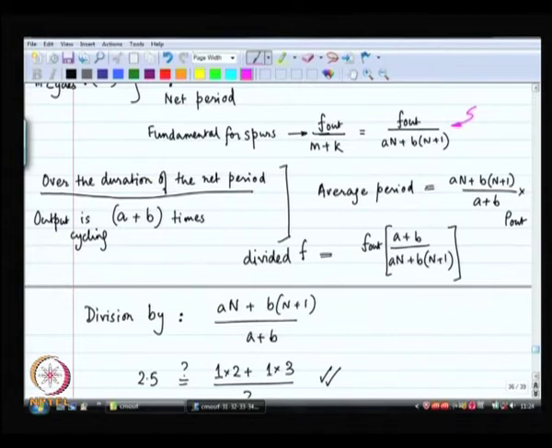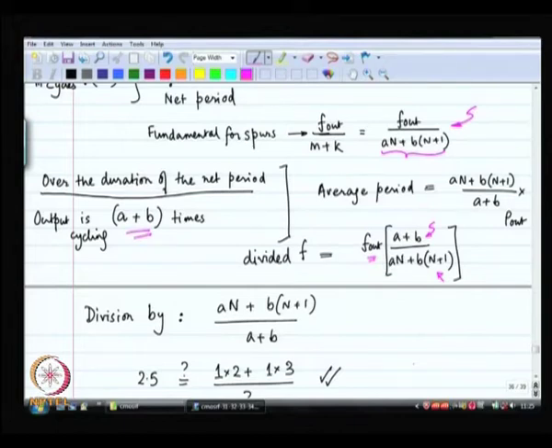Over the duration of the net period, which is so many clock cycles, over a n plus b n plus 1 clock cycles, the output is going up and down a plus b times, which means that on the average the divided frequency is f out, the frequency at the output, times a plus b, going up and down a plus b times over a net period of a n plus b n plus 1 clock cycles.